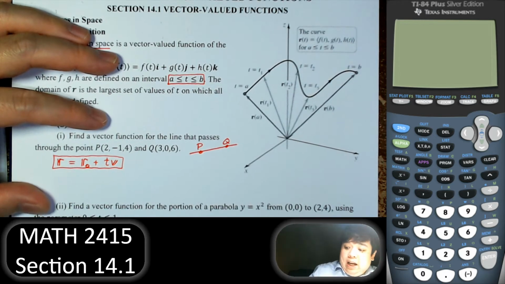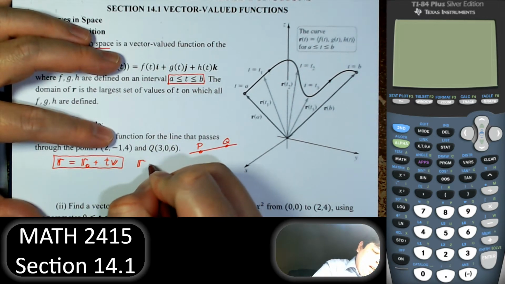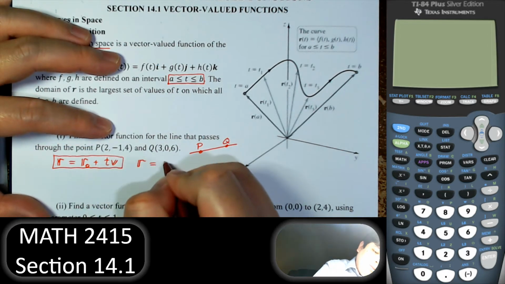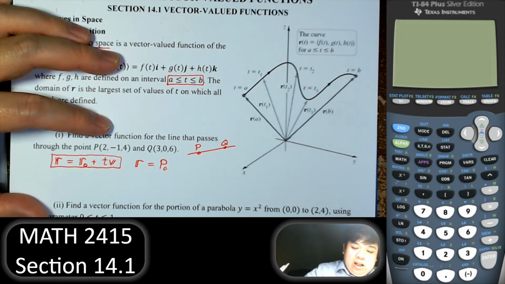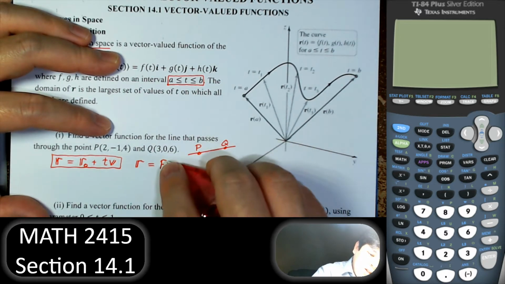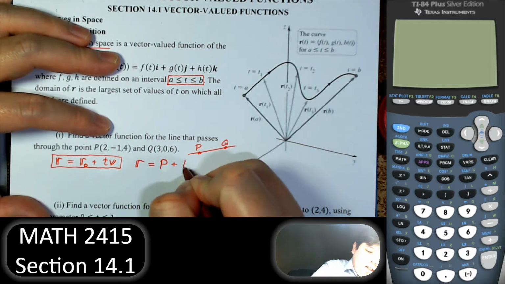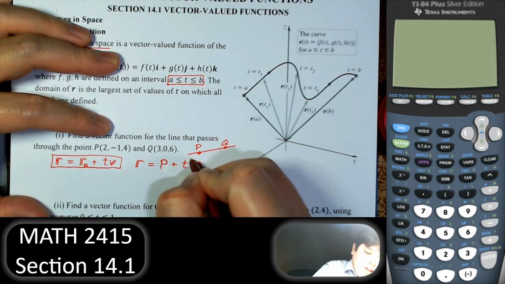Now, instead we have two points, so we can say r equals, let's choose the point P, and then plus t times the vector PQ.